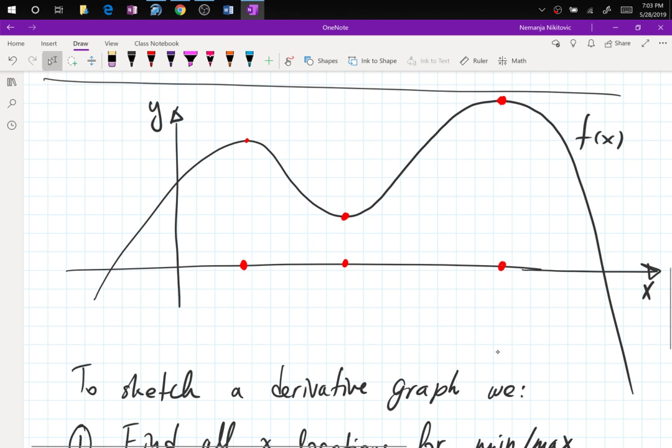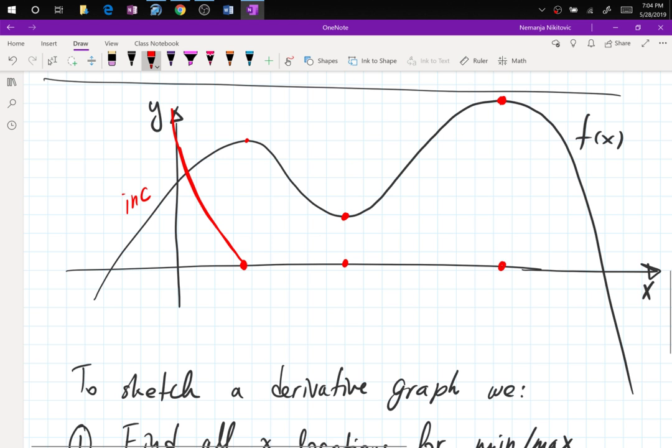Then I use the next piece of information, which is if the graph is increasing, the derivative is above the x-axis. Well, this part over here is increasing all the way up to the maximum. So the derivative has to be on this side.